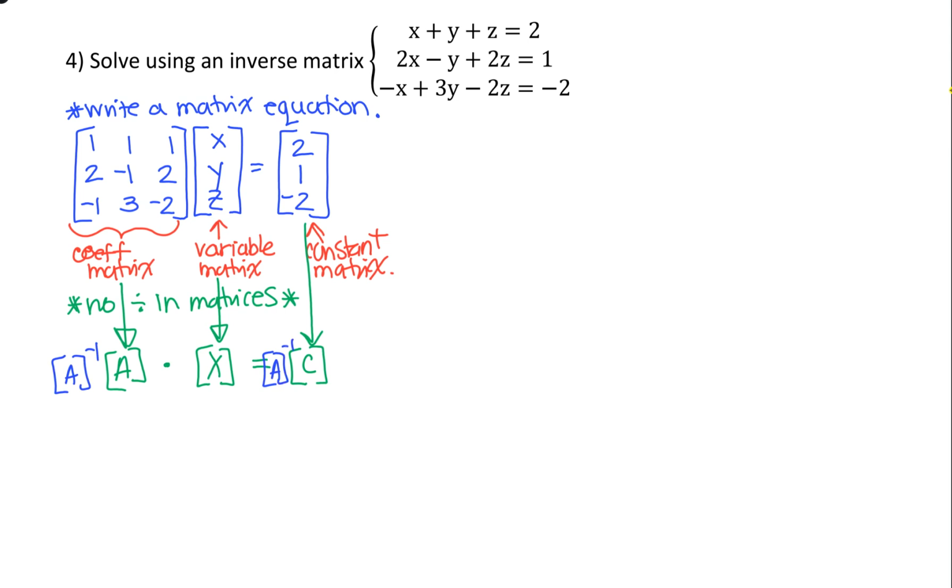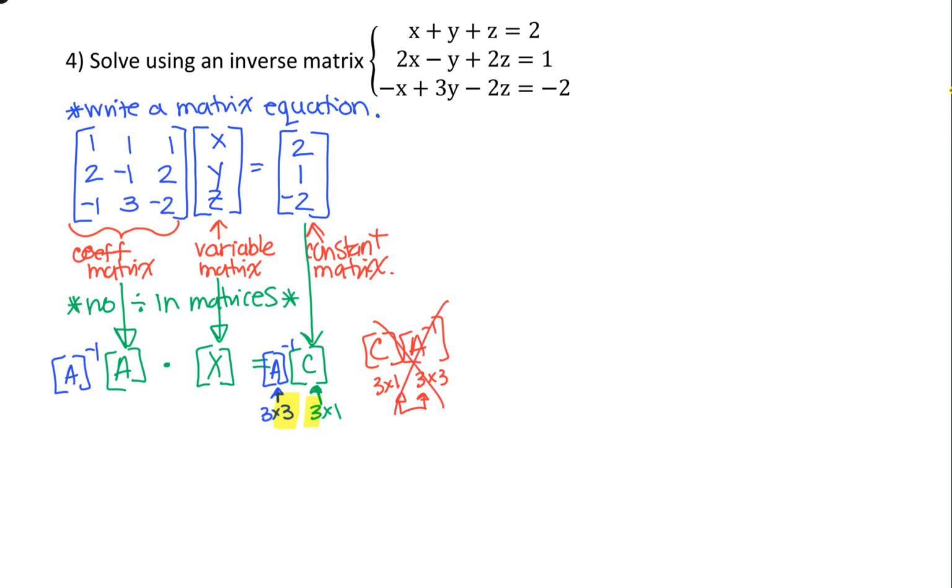The reason for that is because of matrix multiplication. We know that A inverse is 3 by 3 and the C matrix is 3 by 1, and because the two 3's match, I know I can multiply it. If I were to put it the other way, C times A inverse, C is a 3 by 1 and A is a 3 by 3, these don't match, and so that would not work.